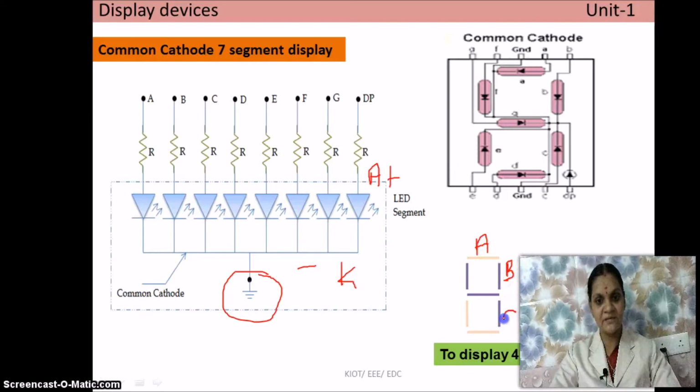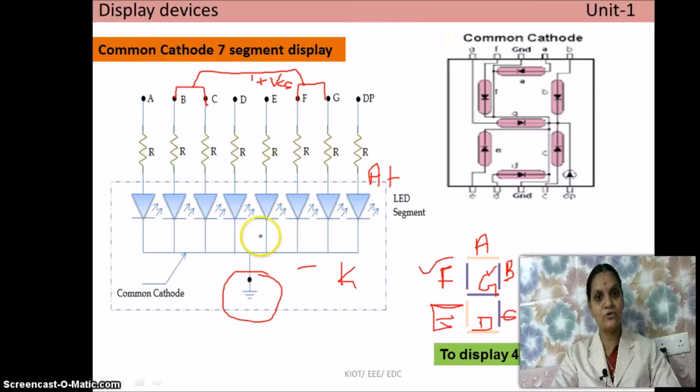This is A, B, C, and this is D, this is E, F and G. We need to turn on B, C, F and G. So these 4 segments need to be connected to plus VCC. If we do it like this, we can display the numeral 4 using a common cathode 7 segment LED display.